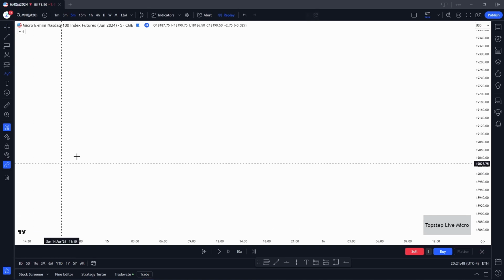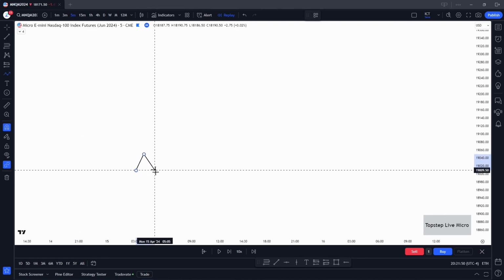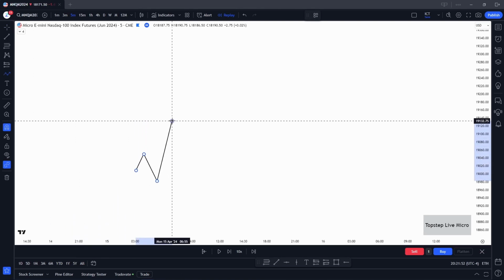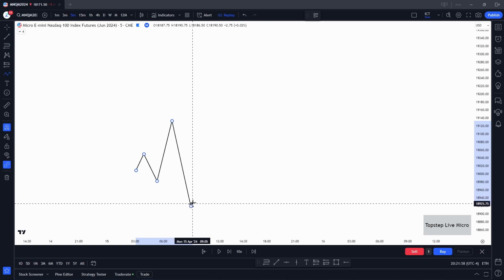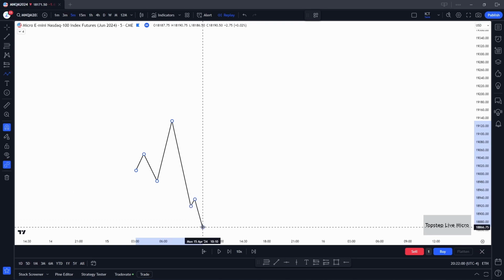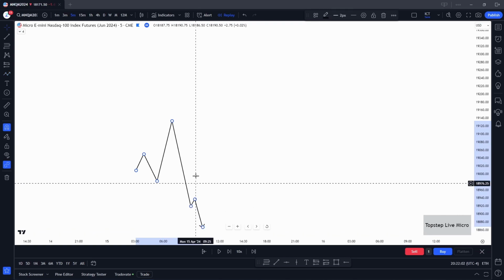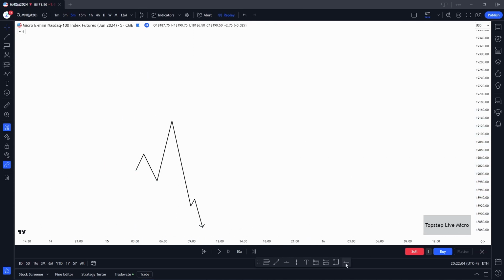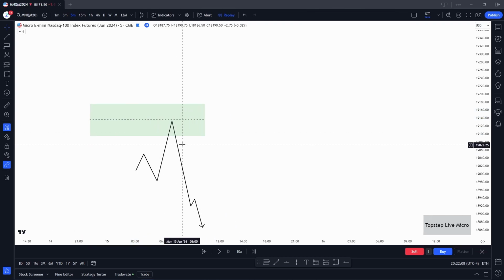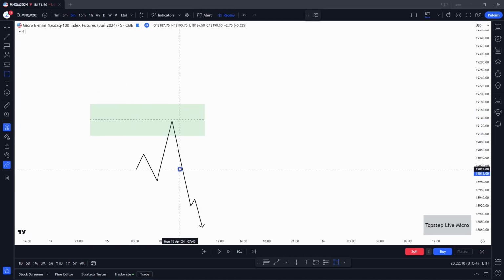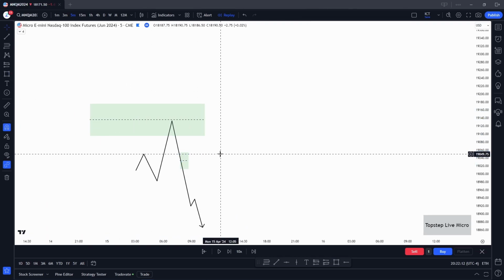So let me get my path here. And then I'm going to draw, let's say that's prior to 9:30. And we go like this. Let's say my higher time frame PD array was here. And 9:30 is here. You can catch a continuation. Of course you can.